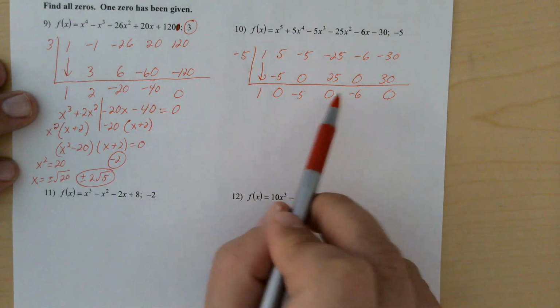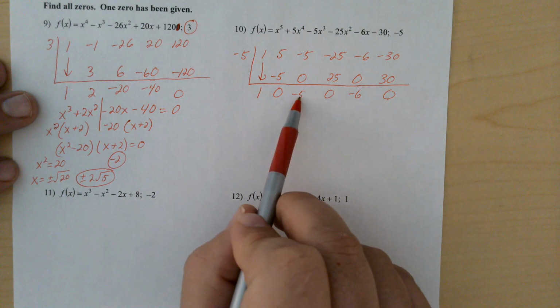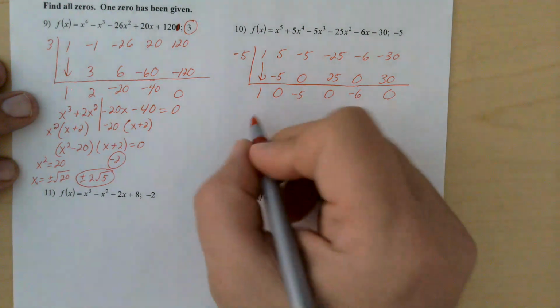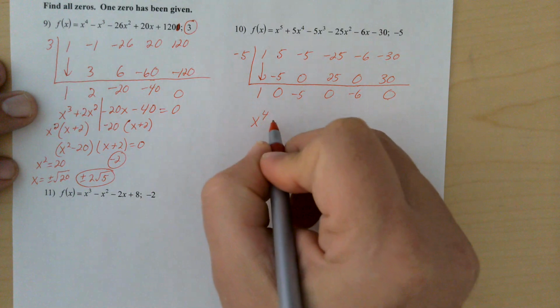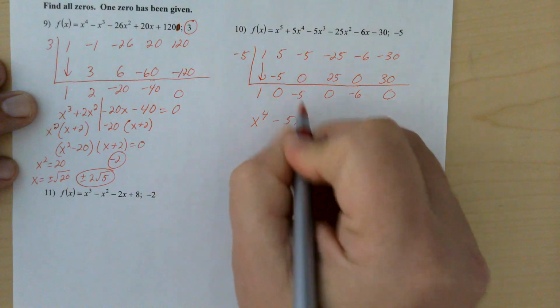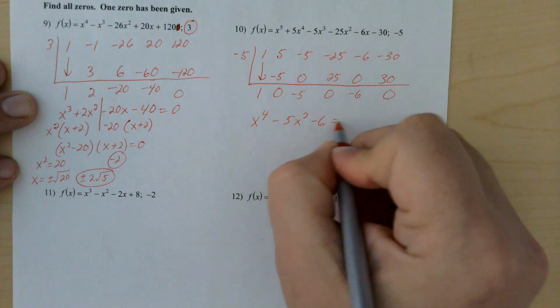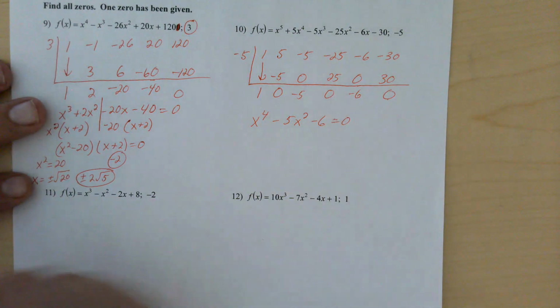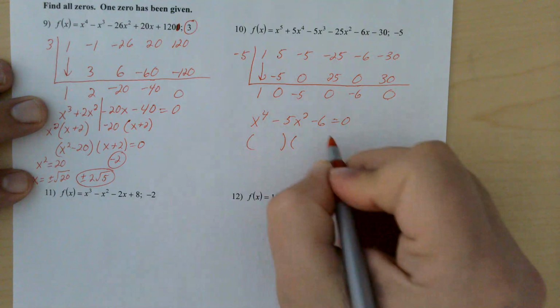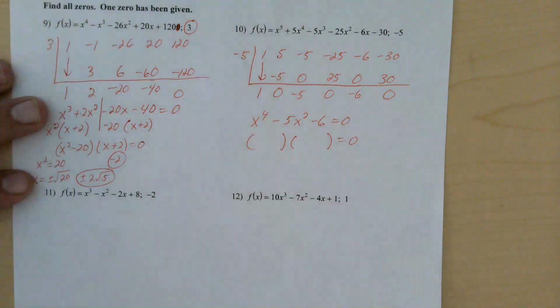So remainder 0, constant, x term, x squared, x cubed, x to the 4th. So there's 1x to the 4th, and then negative 5x squared, and then a minus 6. And this should be very easy to factor. So again, 2 sets of parentheses. We don't need the diamond.